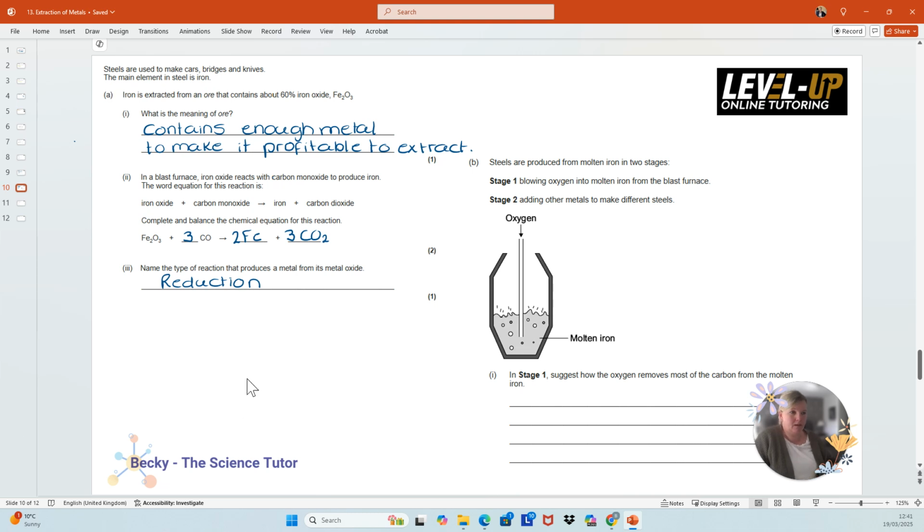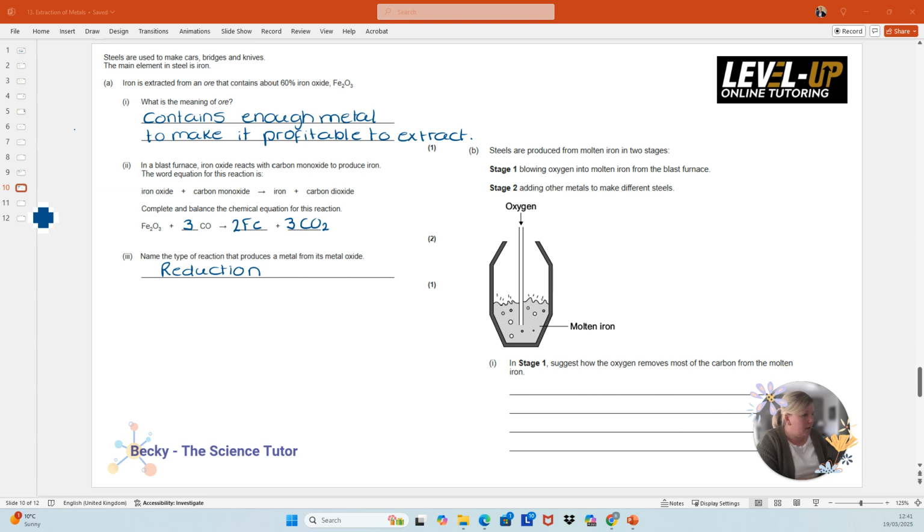So let's pop that into words. Okay, so we'll say that the oxygen reacts with the carbon to form carbon dioxide.